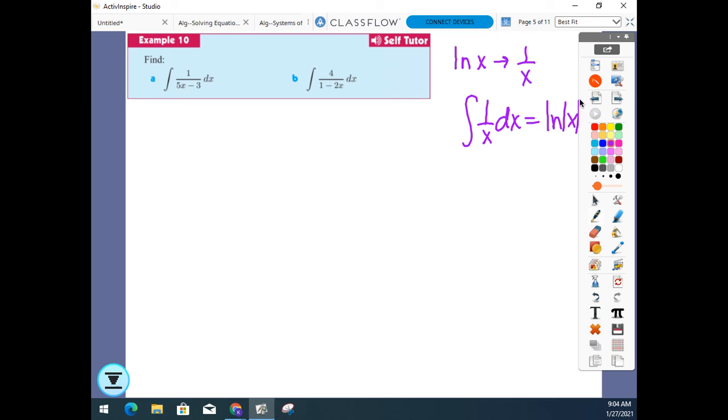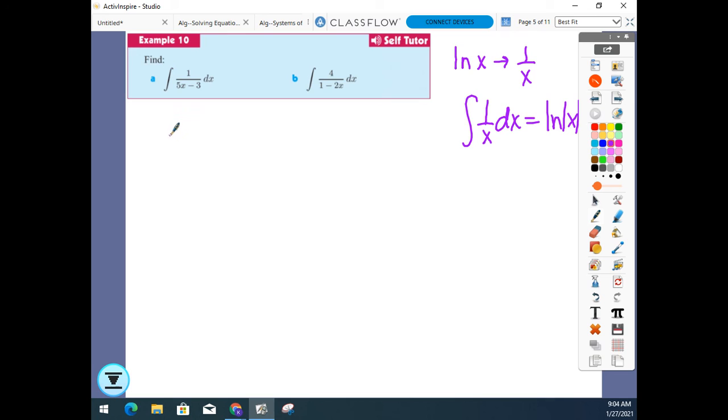And we always use absolute value with ln because I don't know what this x is, so we need to make sure it's always positive. So just like 1 over x is ln, any combination of a constant times x plus or minus a constant is all ln.